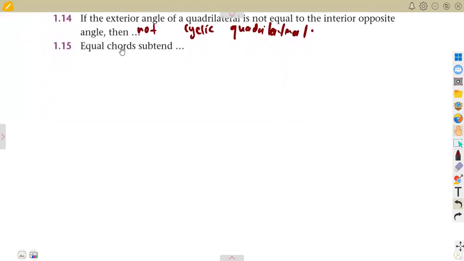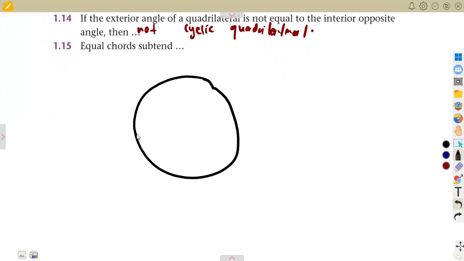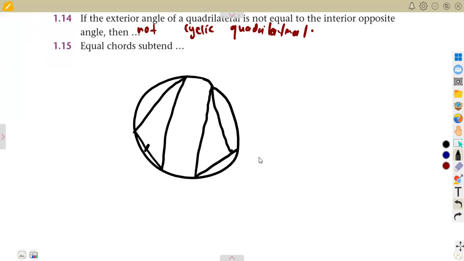All right, equal chords subtend what? We know this one: equal chords subtend equal angles at the circumference. If there is a chord here, let's say this is chord AB, and this chord is also equal to this chord. On the other hand, there's another chord that is being drawn, and these two chords are equal.